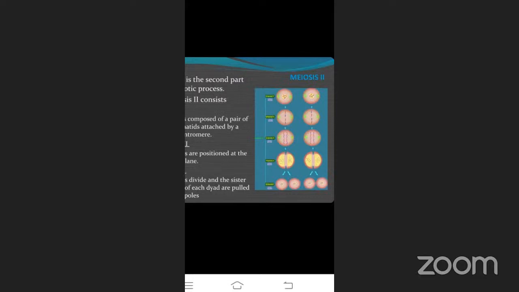G2 checkpoint. The second checkpoint exists in G2 stage before the cell enters cell division. The G2 checkpoint ensures that all the chromosomes are replicated and the replicated DNA is not damaged.